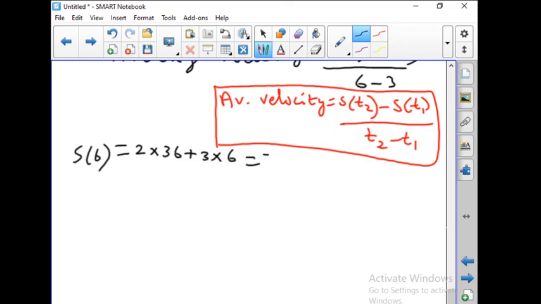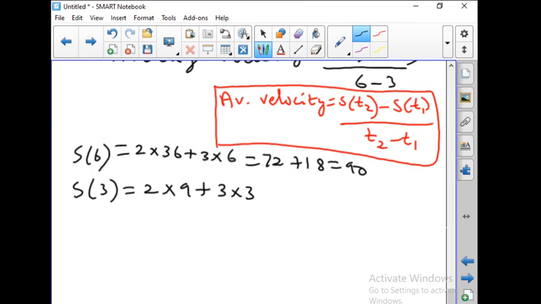So it is equal to 72 plus 18, which is equal to 90. And S of 3 is equal to 2 into 3 square, 9, plus 3 into 3, 9. So you get 18 plus 9, which is equal to 27.